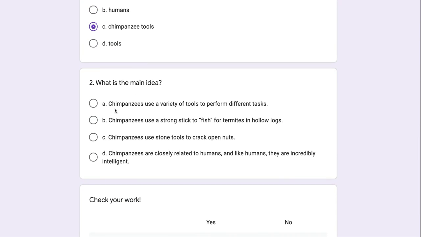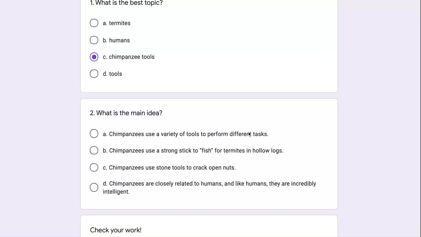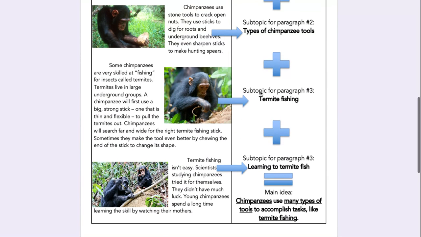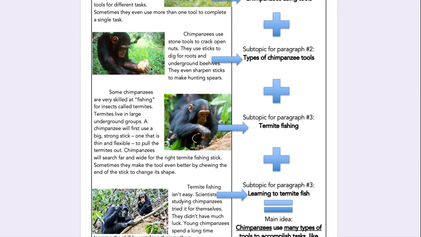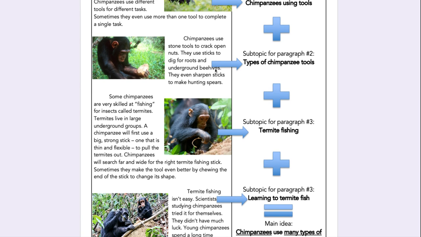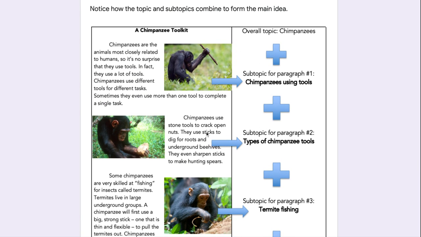All right, now let's take a closer look at A and B because both of those had 2 pieces of evidence to support them. I have to decide which one best summarizes the entire text. Chimpanzees use a variety of tools to perform different tasks, or chimpanzees use a strong stick to fish for termites in hollow logs. I know that this story tells me about the termite fishing, but it also tells me about all the different types of tools they use, like stones and sticks, to hunt and look for termites.